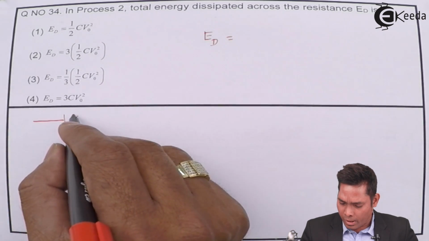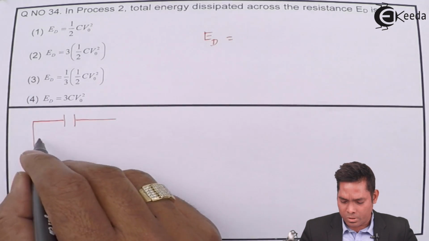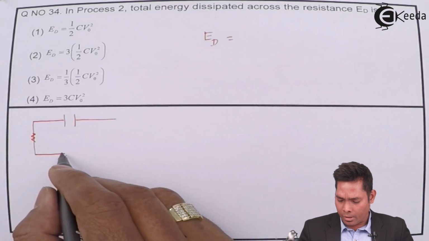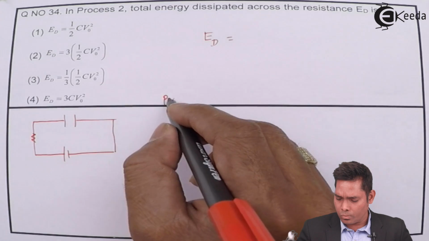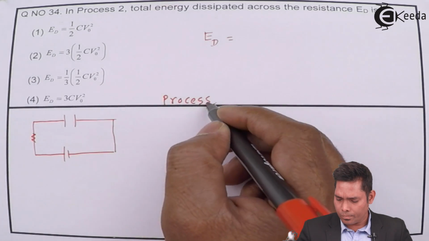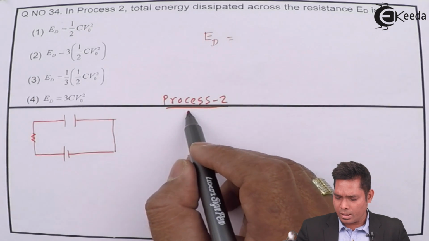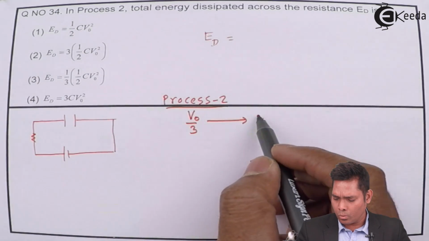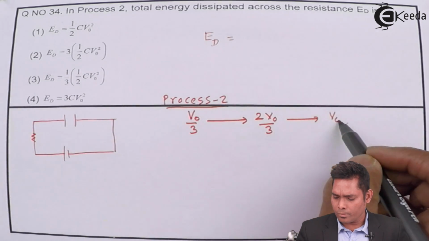Suppose we have a capacitor and a resistor, and we supply a voltage. This is for process 2. The voltage is increased in steps. Initially the voltage was V0 by 3, then it goes to 2 V0 by 3, then it goes to V0.